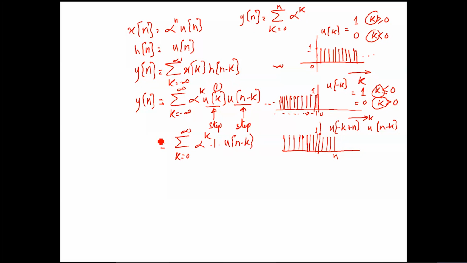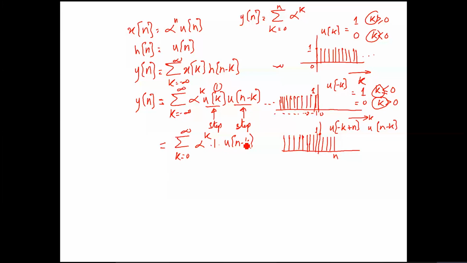The first part, from minus infinity to minus 1, is 0, so we can just skip that. So the effect of this u of k is basically just changing the limits. It changes the limits from minus infinity to infinity into 0 to infinity, because from 0 to infinity the value of the step signal is 1.